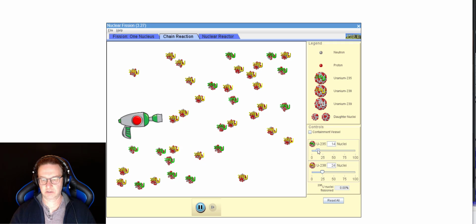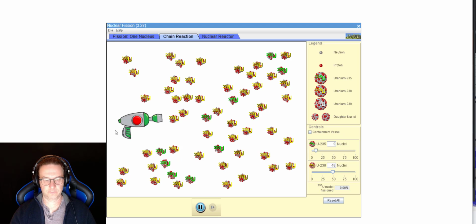Let's see what happens if we decrease the number of 235 and we increase the number of 238. So the number of uranium-235 didn't change much. We didn't get as much of a reaction.